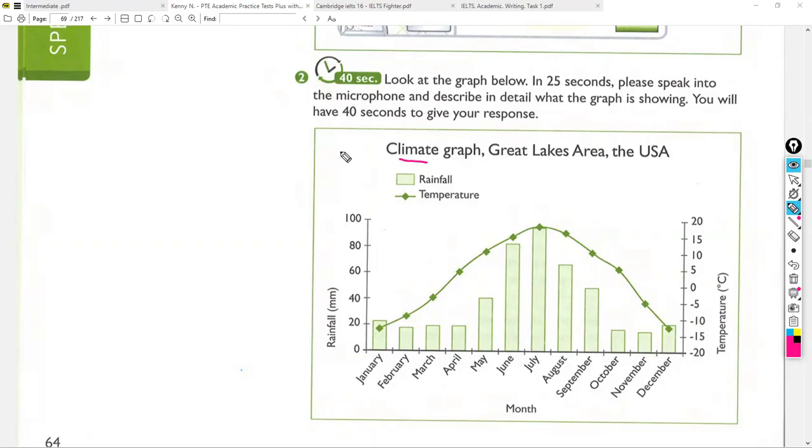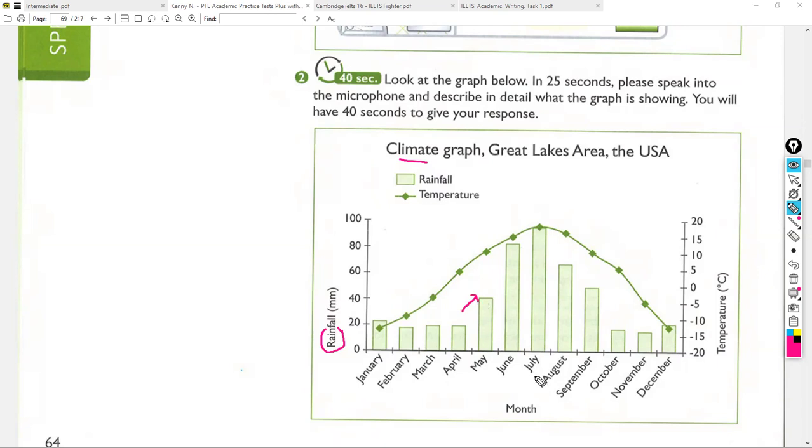And in May, we can see it goes up. We can see the what, Ali? The amount of rain. The rainfall, or the amount of rain, goes up.